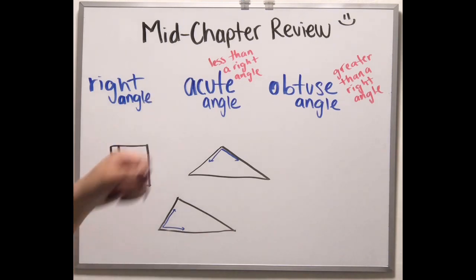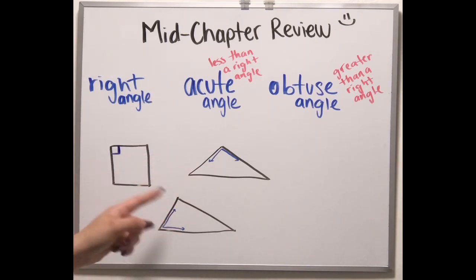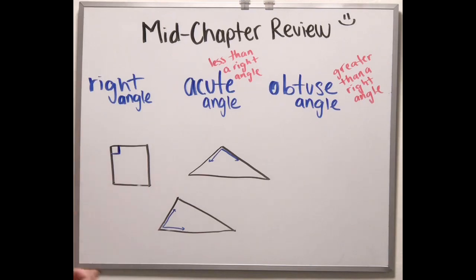Okay, so let's try to put these shapes right here into those angles. But first, let's go back a little bit to maybe the first lesson we did, which was the plane shapes. Okay, so these 3 right here are actually all plane shapes. Why is that?